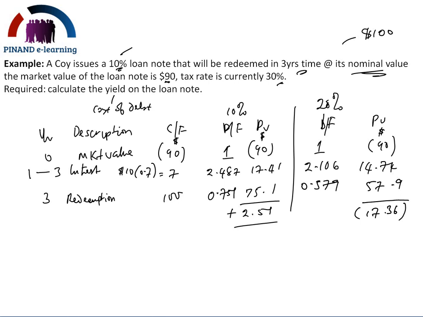Right, now that I have this, I can slot this in my IRR. IRR is equal to the low rate.